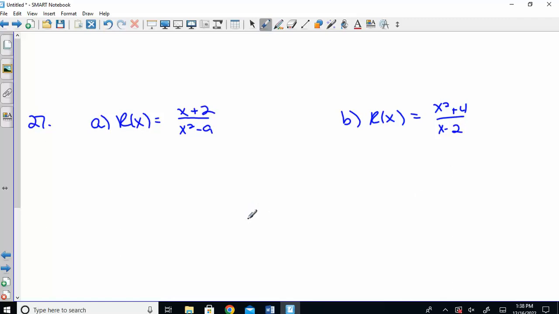So there's a few things that you will probably need to go back and look at before your final that we haven't covered in a while. How do we find a vertical asymptote?